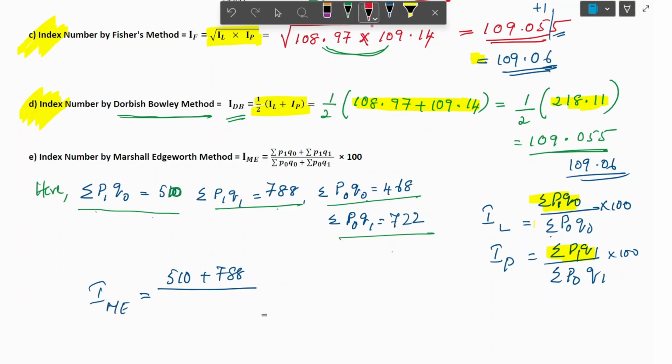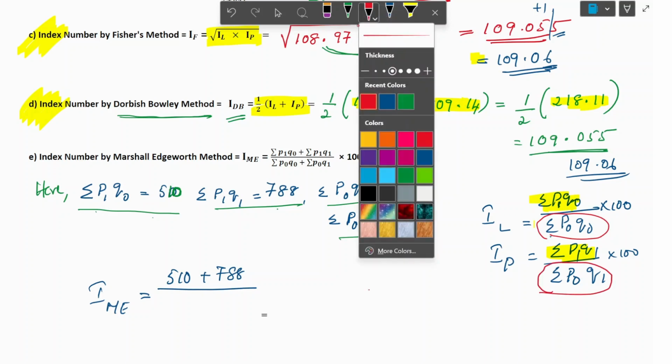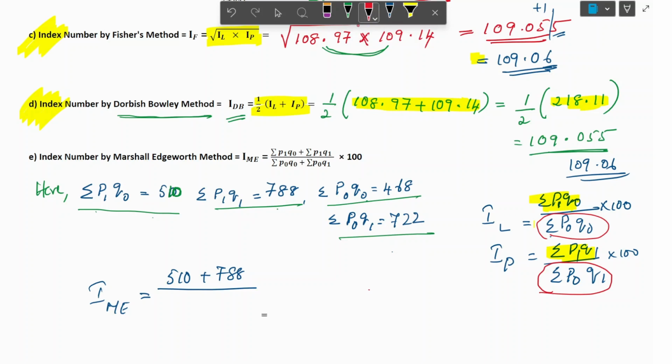This denominator part we are adding, these two. P0 Q0 is 468 plus the denominator of IP, P0 Q1, that is 722, into 100.